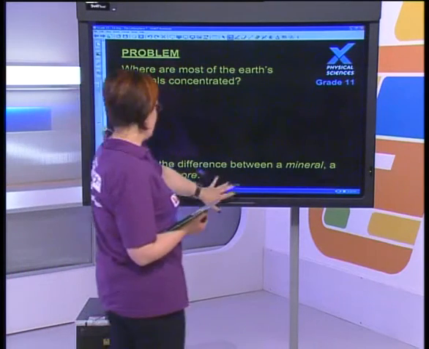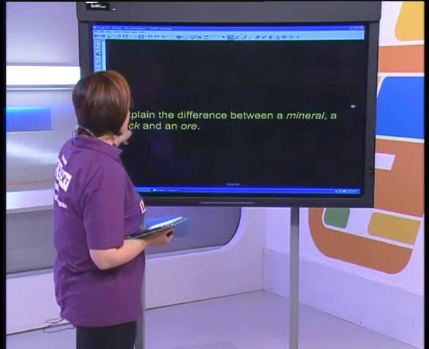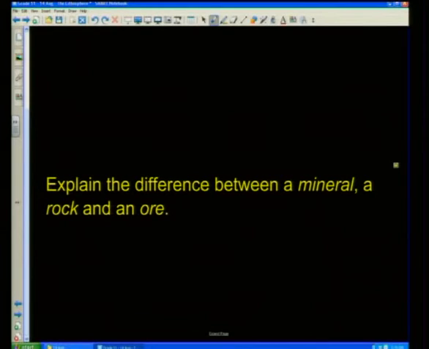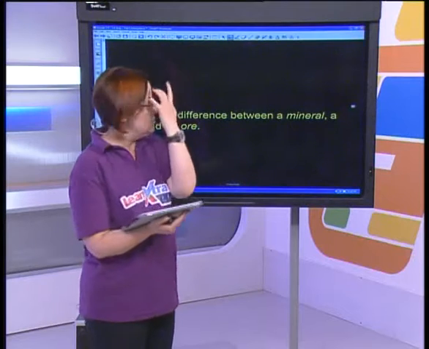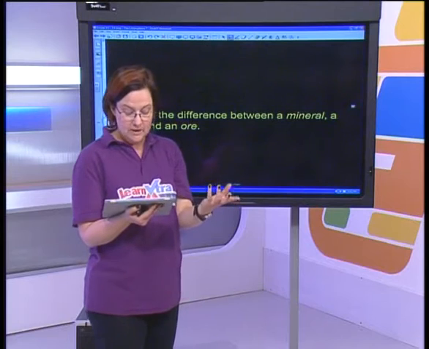Now, I put the next question in so that we can realize we know the difference between them. And the question is, explain the difference between a mineral, a rock, and an ore. Okay? Because they all sort of seem very similar, okay? Now, minerals are compounds that are formed through geological processes, okay?